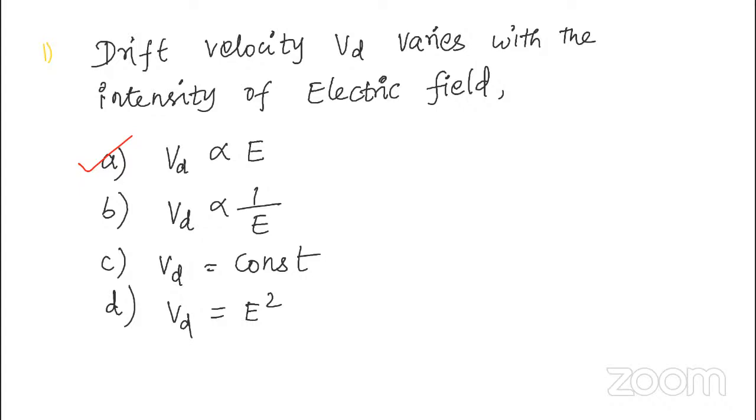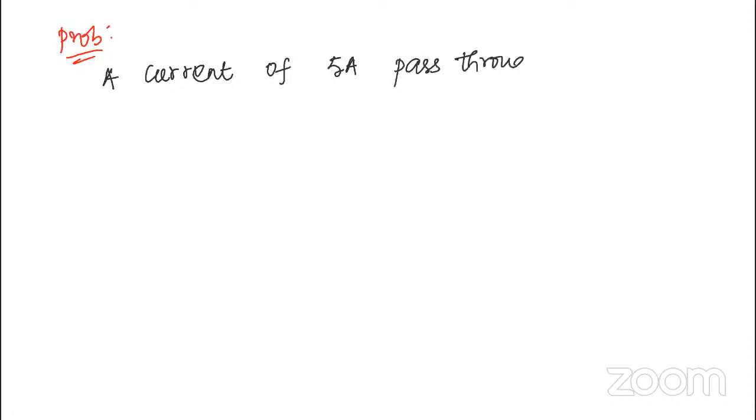Next we can go for the problem. So write down the problem. A current of 5 ampere passes through a copper conductor.